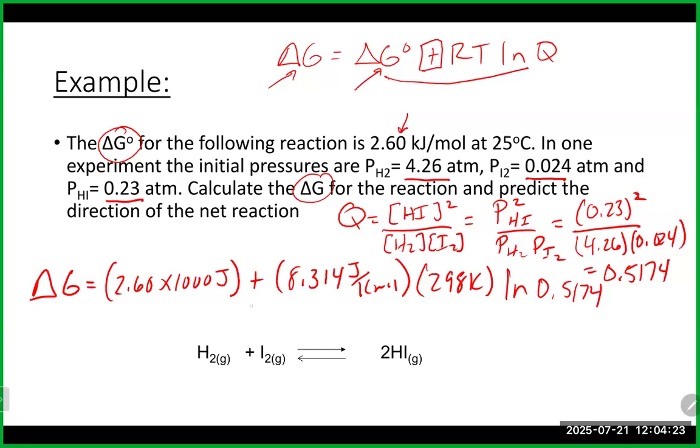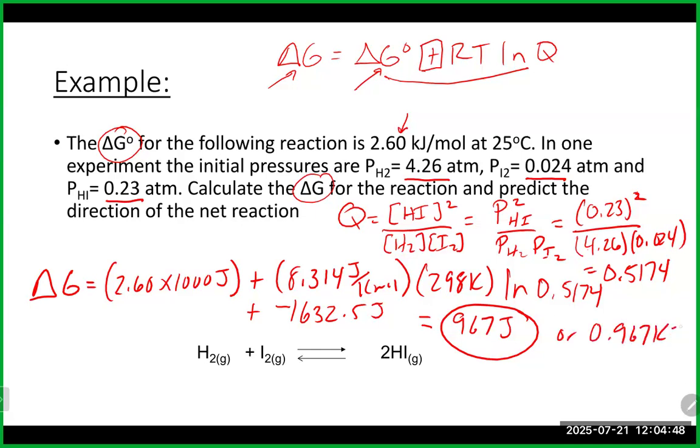That is going to get me a minus 1632.5 joules, plus my 2.6 times 1,000, plus that number. Going to yield me here 967 joules as my delta G, or it would actually be 0.967 kilojoules if you left it in kilojoules in this particular case.